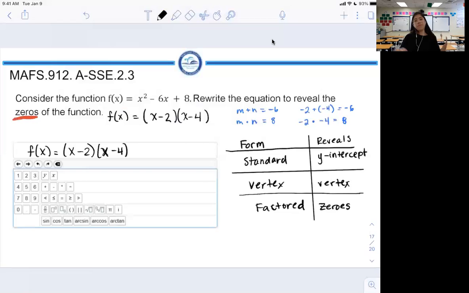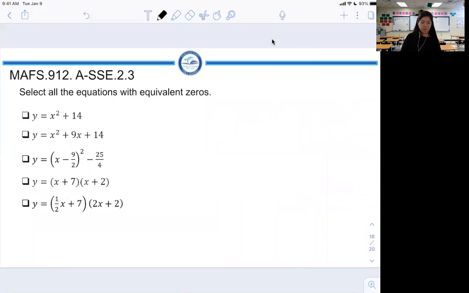Questions on this one? No questions? Okay. How about here? Select all the equations with equivalent zeros. So we need to figure out all the equations that have the same solutions, the same x-intercepts.